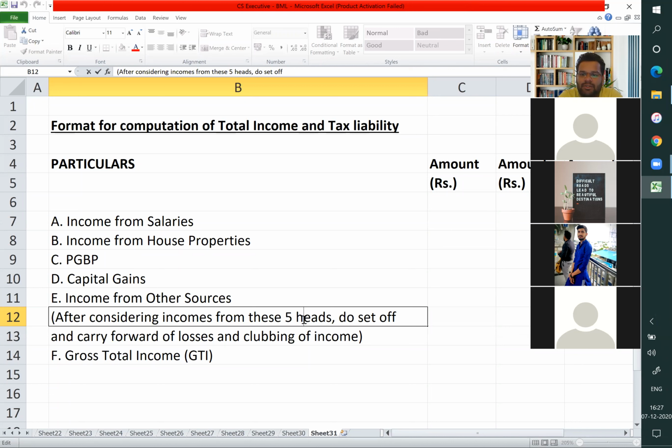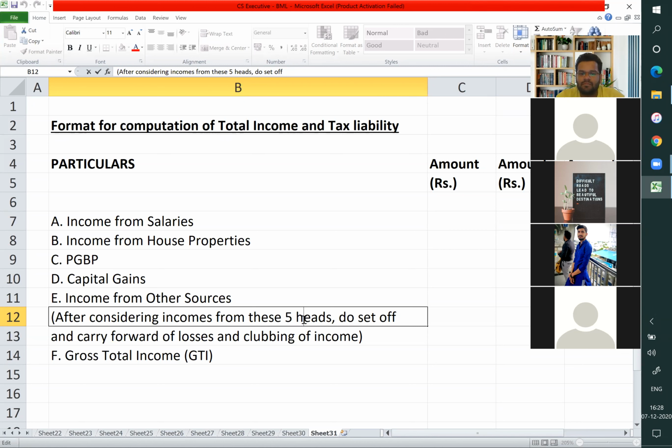14 lakhs is my PGBP and 2 lakhs is my house property loss. So my gross total income will be 12 lakhs. You have set off 2 lakh rupees of loss against business income. Got the point? That is called a set off.